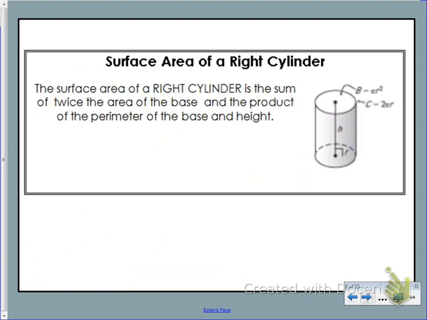The next formula we need to talk about is how to calculate the area of a right cylinder. So again, a cylinder is basically like a pop can. We use the exact same formula as what we just saw in a right prism. And the reason is this formula is useful anytime you have 2 congruent bases, which we have here. These bases just happen to be circles.